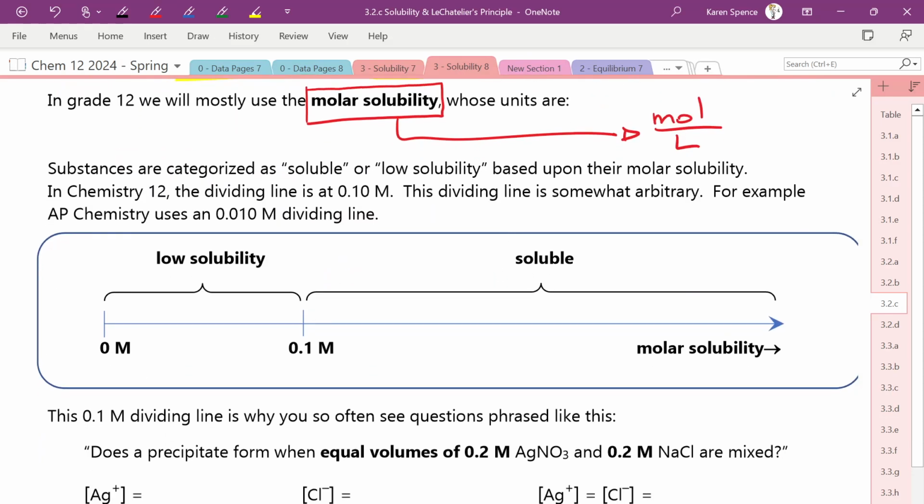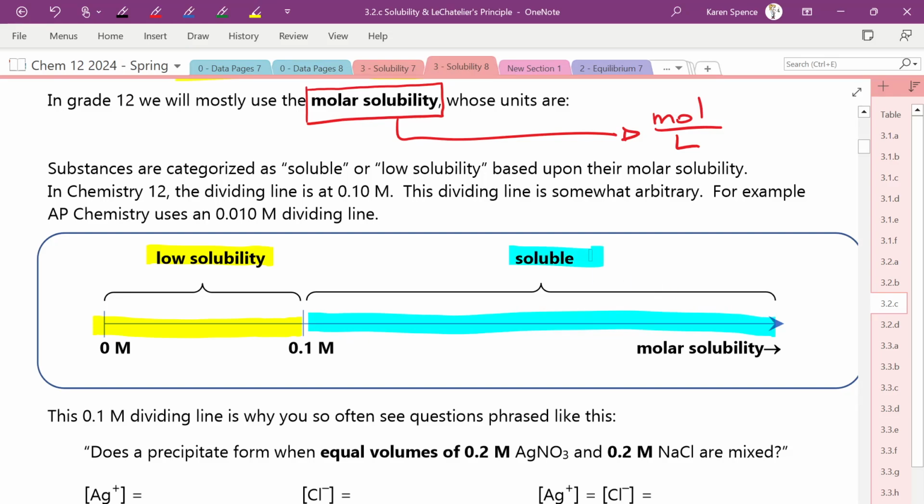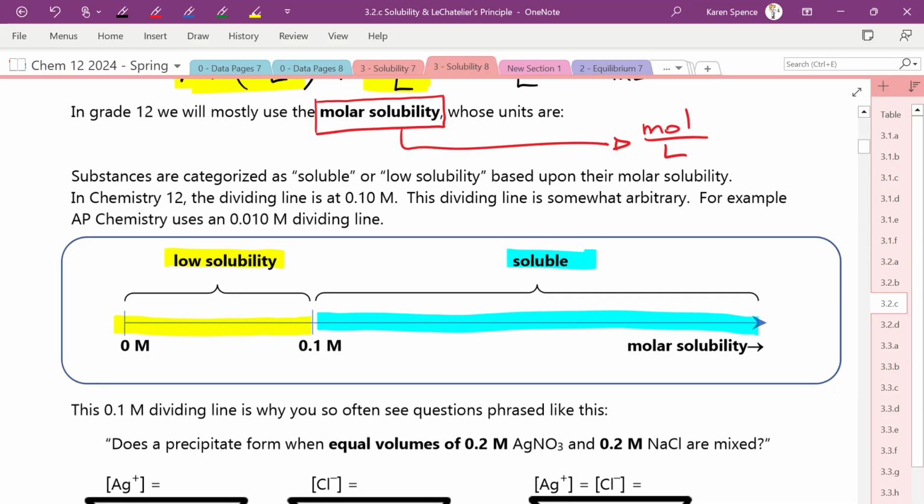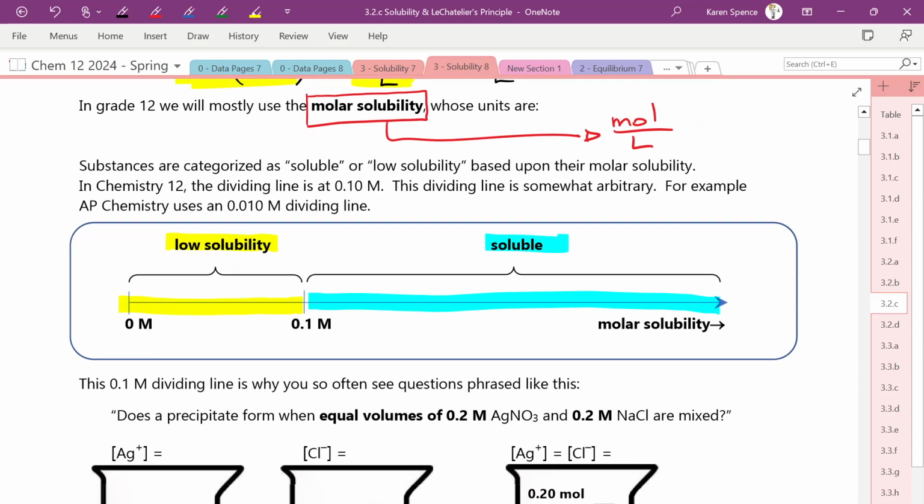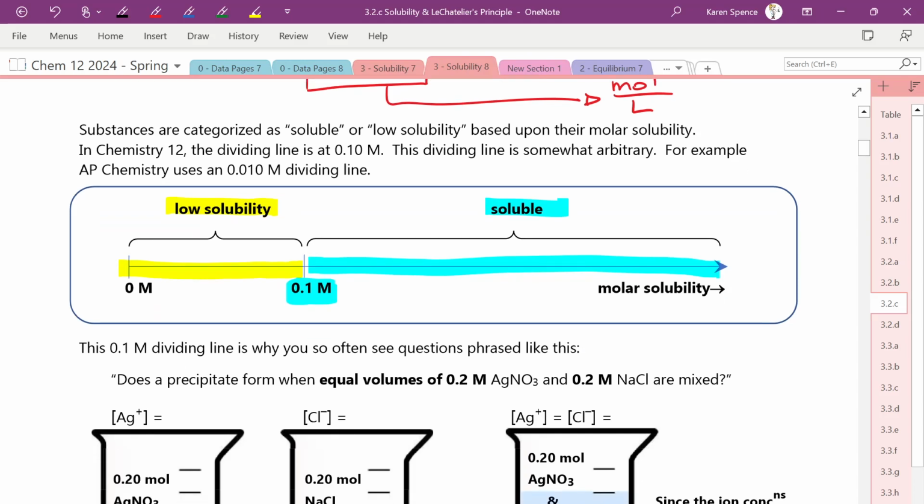But you can see here we have our dividing line. Anything from 0 to 0.1 molar is low solubility. Anything from 0.1 molar higher is soluble. And this 0.1 molar is why you will so often see questions phrased like this.